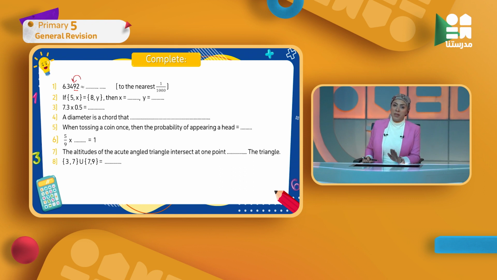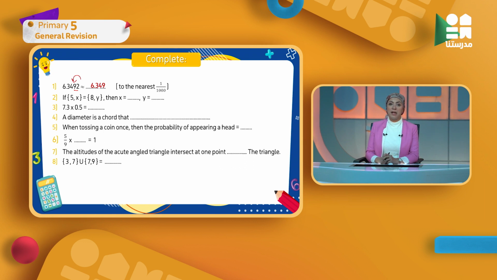So the 9 remains as it is and the 2 will be turned to 0. لما بيبقى ال 0 بعد ال decimal point I can put it or erase it. So here it's 6.349 أو 6.3490 اللي بيريحكم.